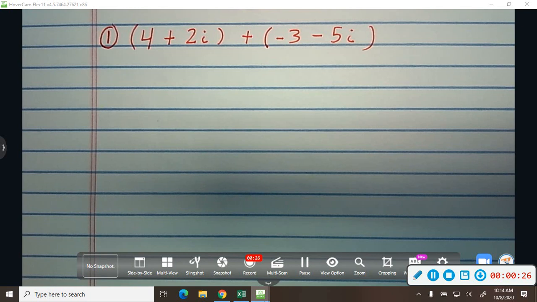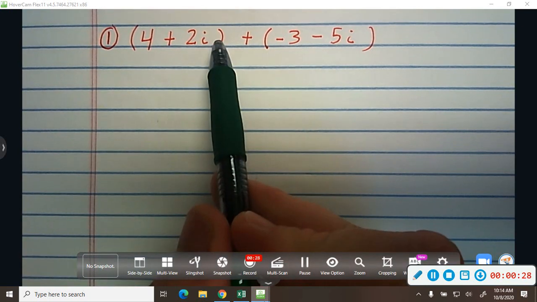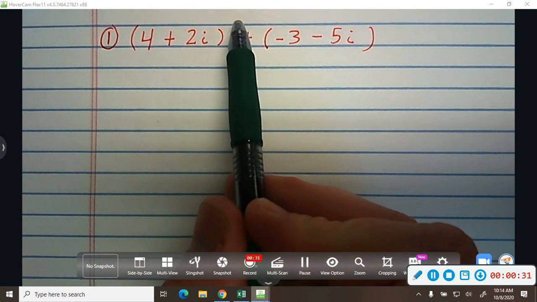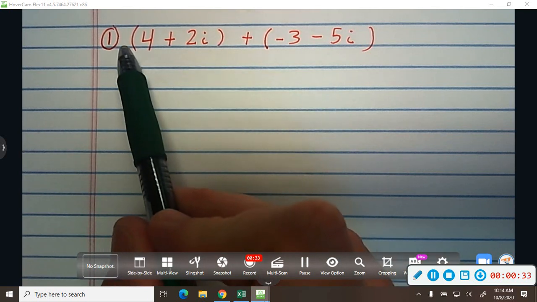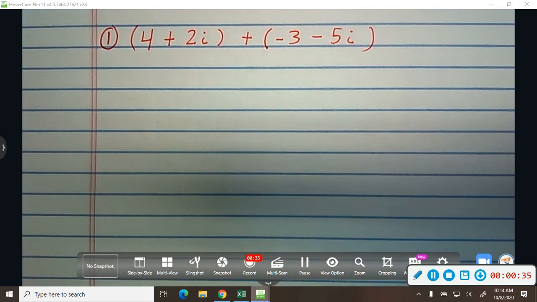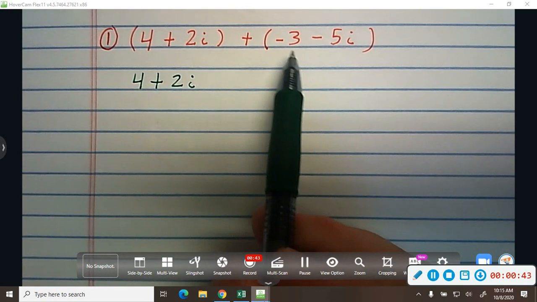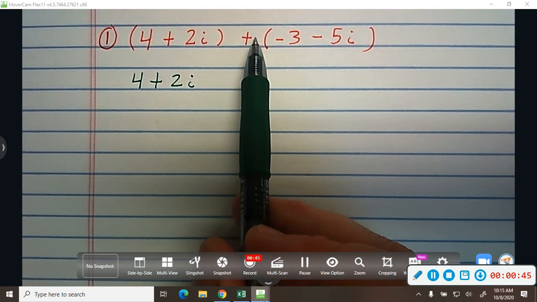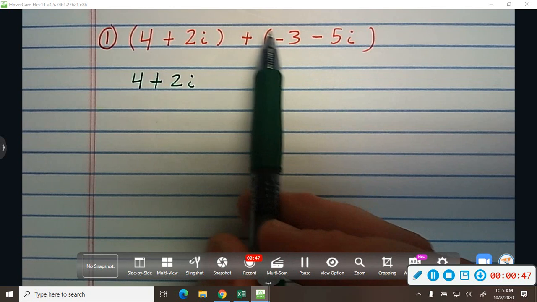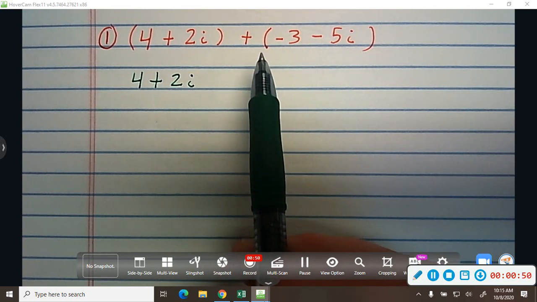And so the first thing we're going to do is try to get rid of these parentheses. Since there's nothing in front here, I could just bring this down as 4 plus 2i. And then for this part, because this is plus 1, which means distribute 1 to everything, nothing changes.